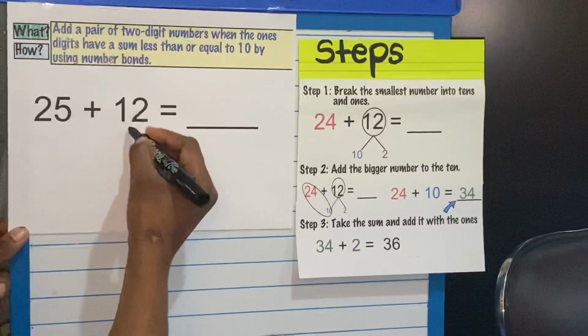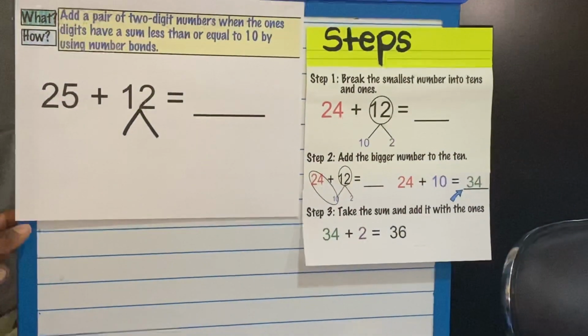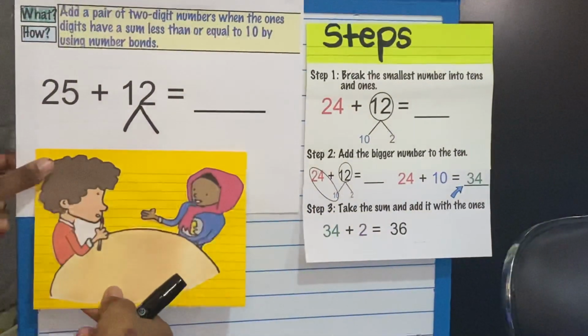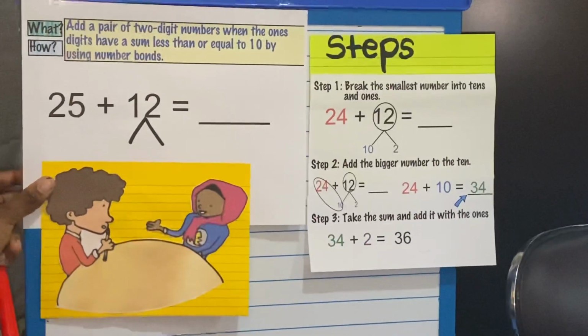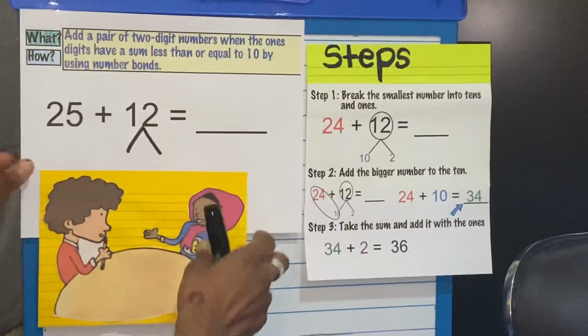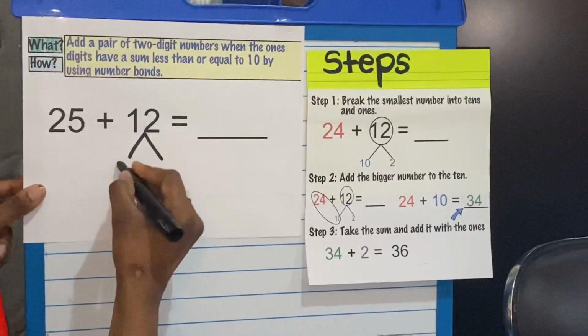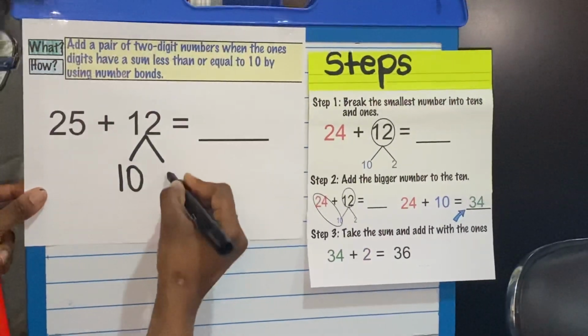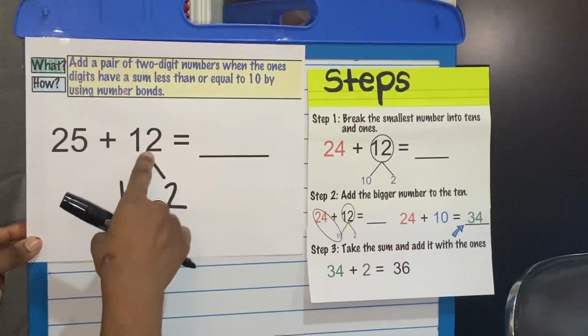So I'm going to break that into tens and ones. Can you stop and think? How will you break this into tens and ones? Yes. We're going to write 10 and 2. Because 10 plus 2 gives you 12.